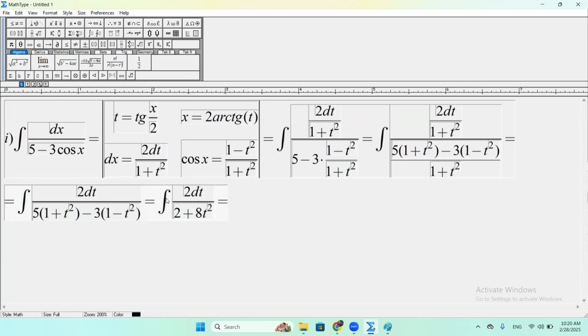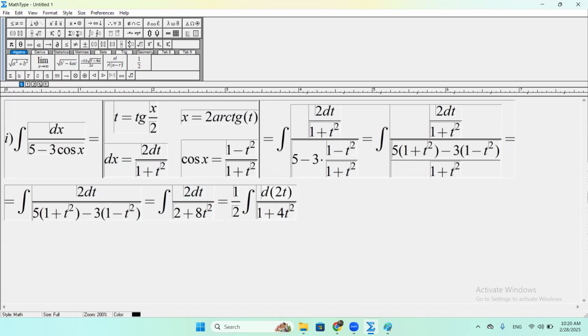Now let's divide everything by 2. Oh no, we will not divide it by 2. We'll do the following: I will move out 2 only from the denominator, and I will move 2t under the differential.